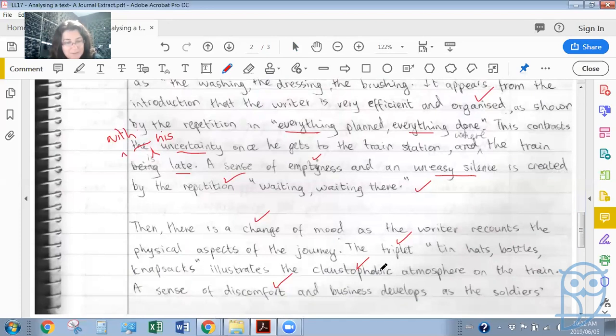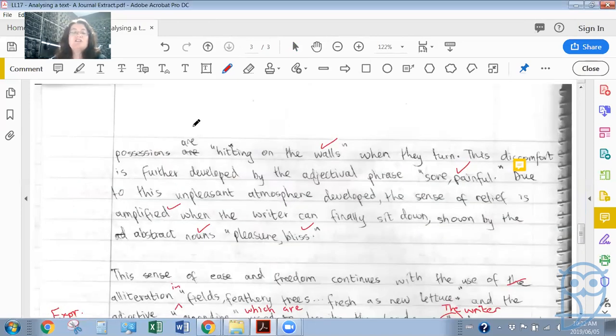Well, it's claustrophobic. A sense of discomfort and busyness develops as the soldiers' possessions are hitting on the walls when they turn. This discomfort is further developed by the adjectival phrase sore, painful, this idea of discomfort.